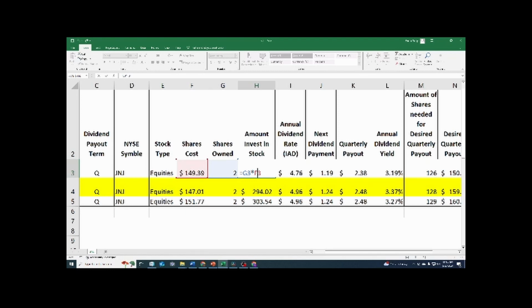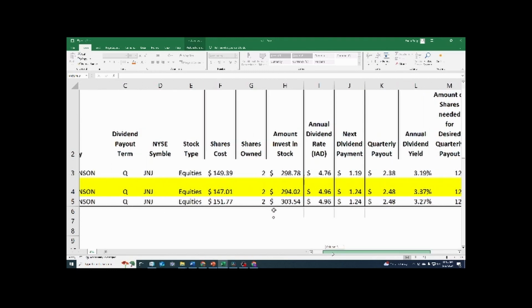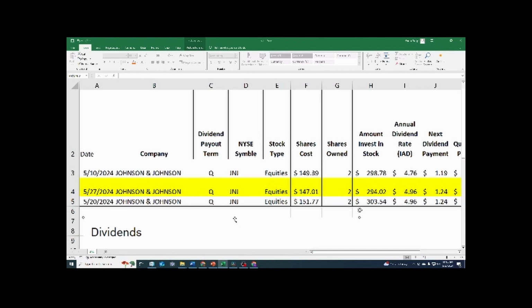And again, it corresponds with the color of the cell. So with that being said, 2 shares times $149.39, we have $298.78. That's the amount of dollars invested in the stock when we purchased it. So we'll stop there with this one, and then we'll go back here.